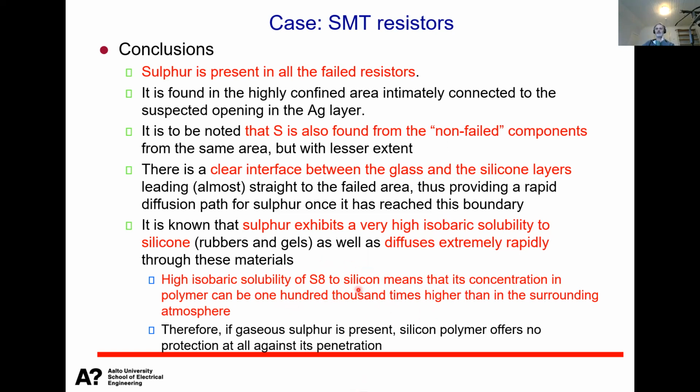The only question was where this sulfur or hydrogen sulfide is coming from, because we were talking about equipment used inside hospitals, so it's not in a pulp and paper factory, or a petrochemical factory, or a wastewater plant, where hydrogen sulfide could be present.